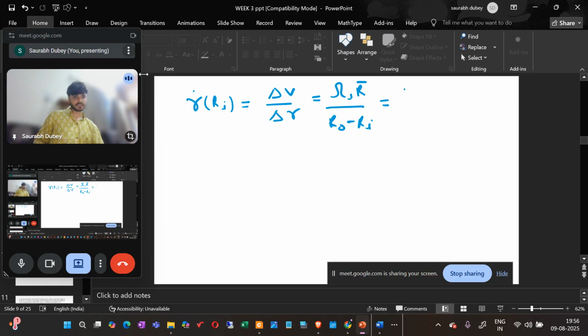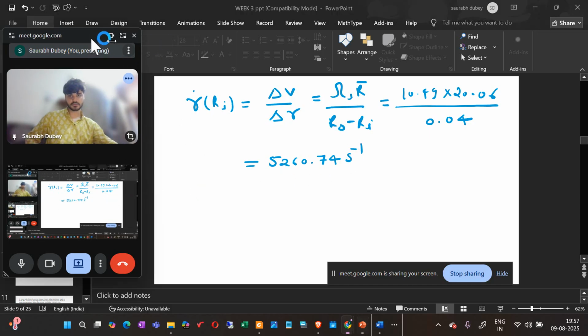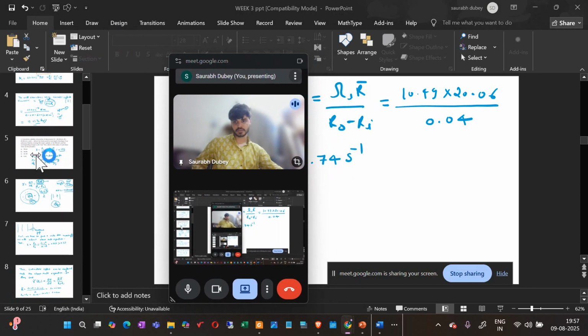So here if you see that 10.4906, right? Okay, so it is 5260.74 S inverse, right? So this is the one thing. So you are getting 5260.79. Okay.